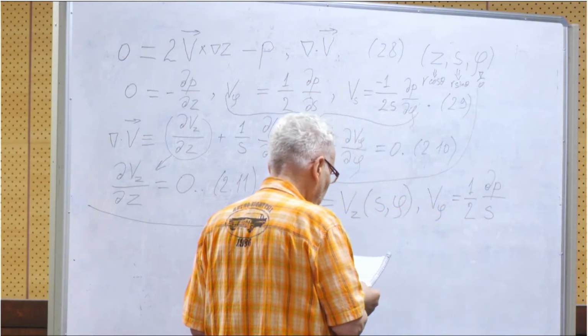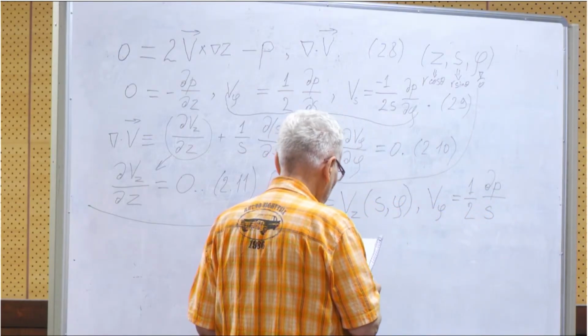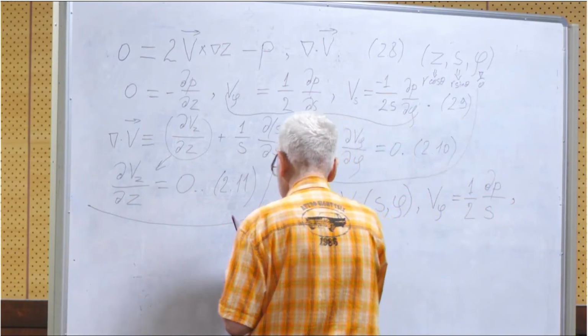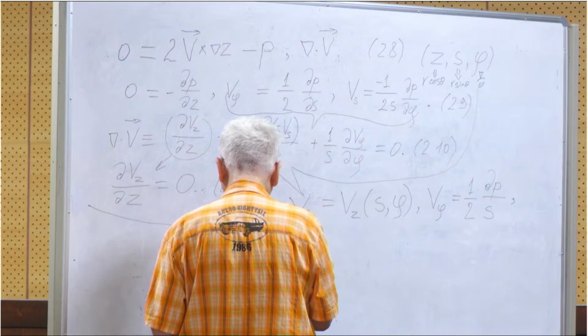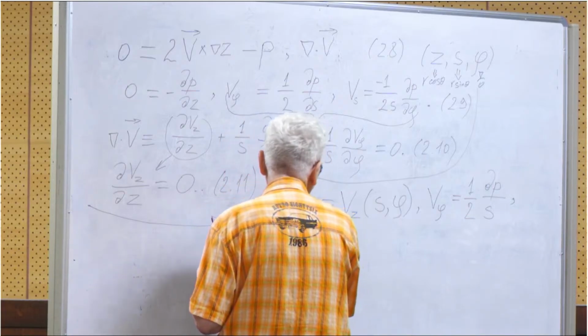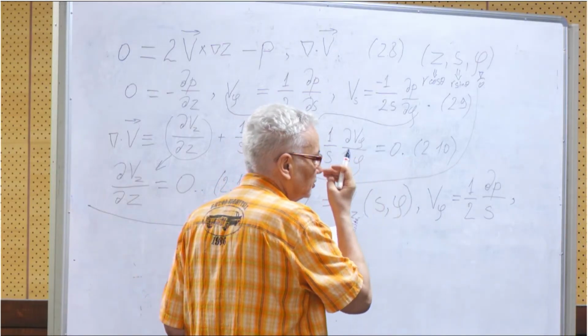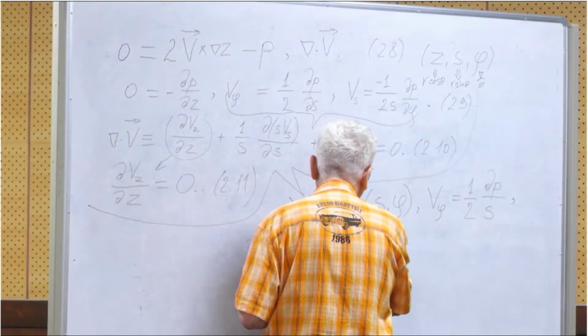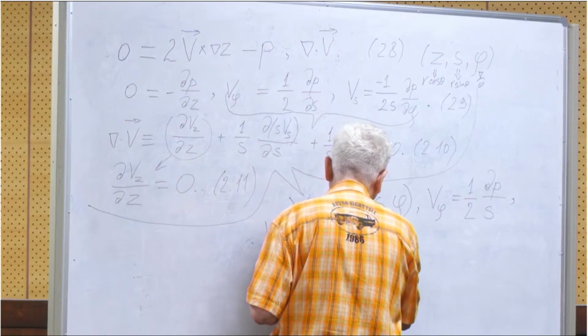And finally, if we consider the s component, then now again, in accordance with this screw-drive rule, we have that the Vs component is equal to minus 1/2, here it's always 1/2, times dp by dphi.